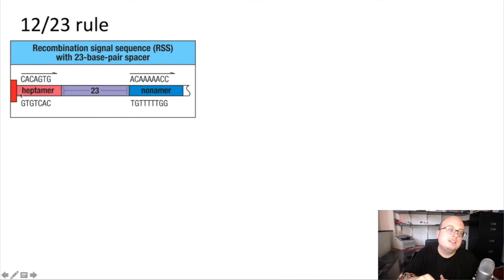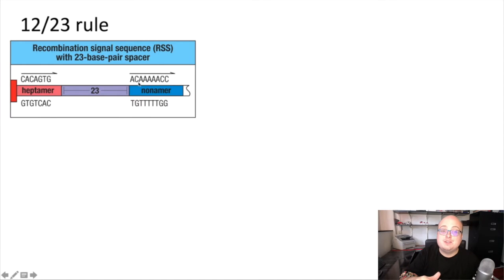In general, you can see this red box here is one of the segments, like a V segment, that's finishing. Immediately after the V segment, we're going to have a recombination signal sequence, or RSS, which contains three parts. There's a heptamer, which is a conserved sequence. Conserved meaning we see it over and over again; it tends to not change through evolution.